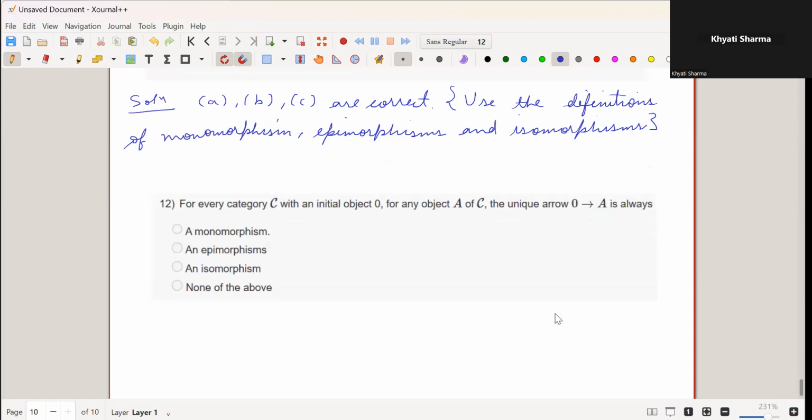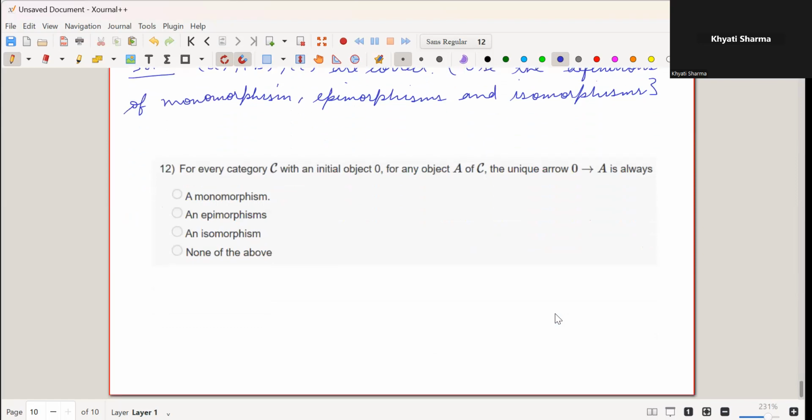For every category C with an initial object 0, and for any object A of C, the unique arrow 0 to A is always a monomorphism, epimorphism, isomorphism, or none of the above.